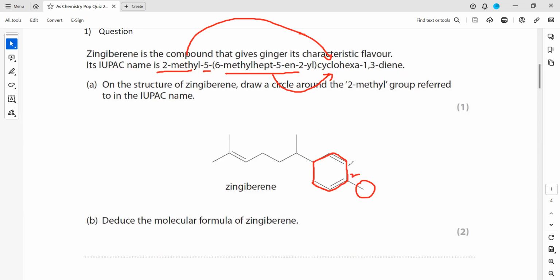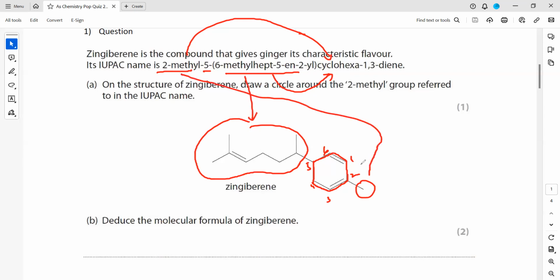How can we number this? If we have 1, 2, 3, 4, 5, and 6, this first, second, so at the fifth position we have this whole group, which is 6-methylhept-5-en-2-yl. This is this part. And 2-methyl is attached here.